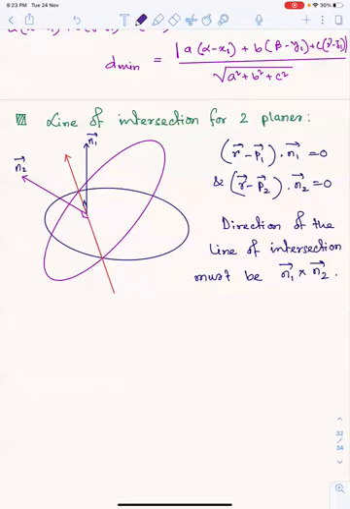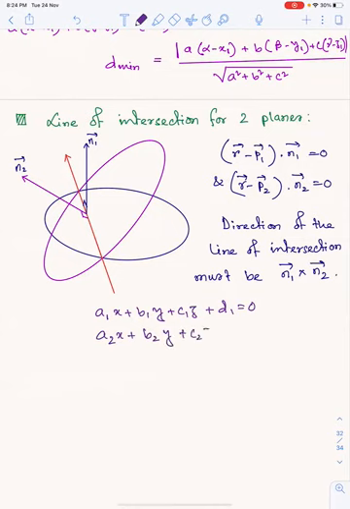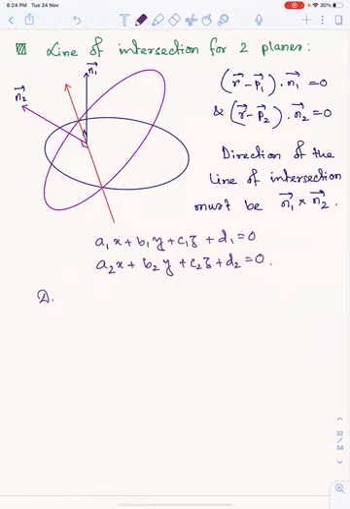Say the equations of the planes are given by a1x plus b1y plus c1z plus d1 equals 0 and a2x plus b2y plus c2z plus d2 equals 0, and hence the direction vector of the line must be determined by the cross product.